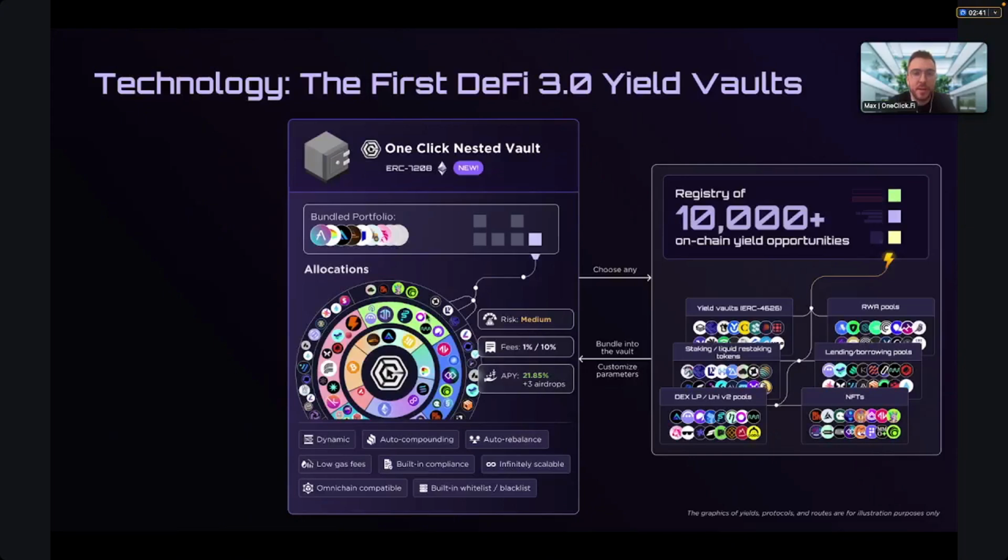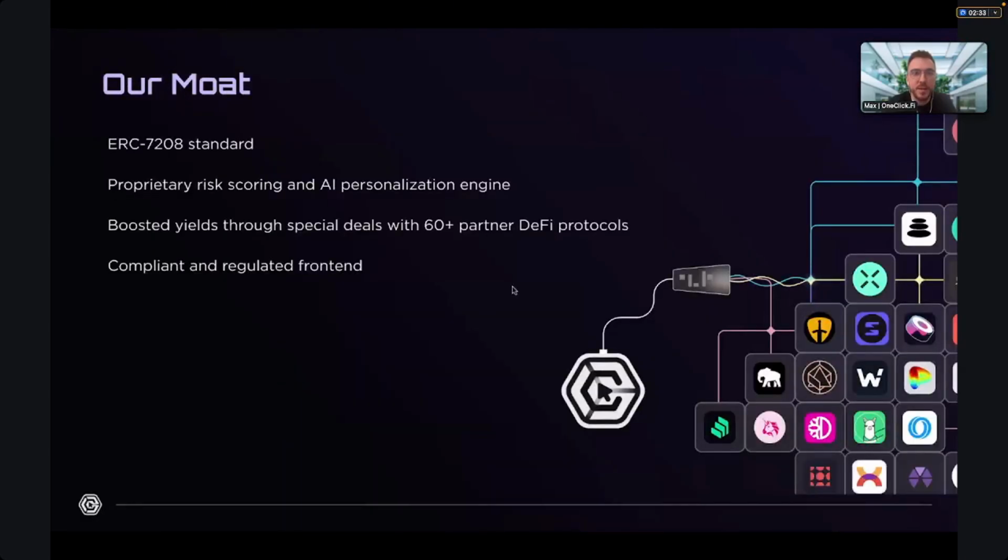Then within the same bucket, you can in one click provide liquidity and get this portfolio. So our moat is in this 7208 standard that we took a lot of time to test and build infrastructure around.